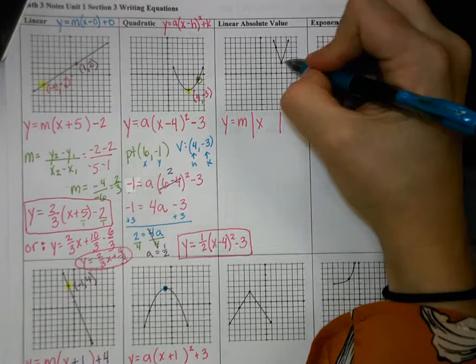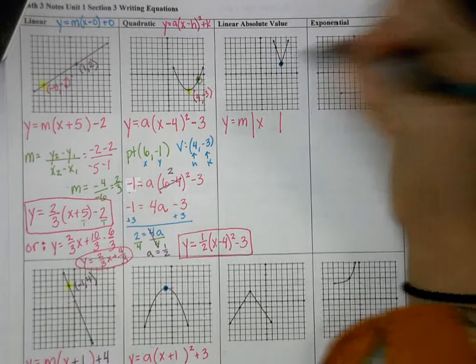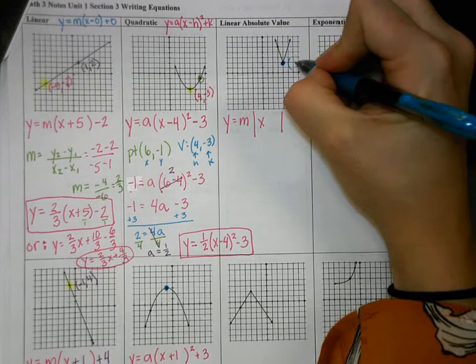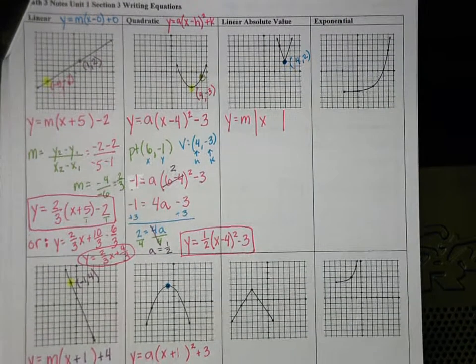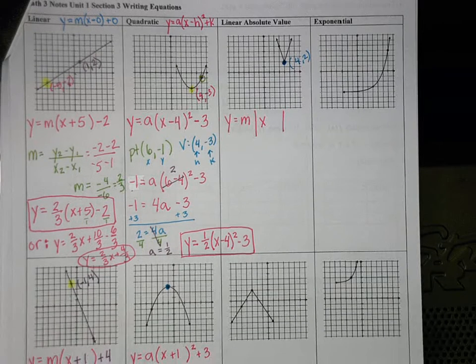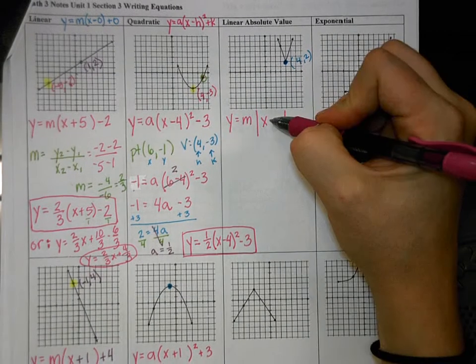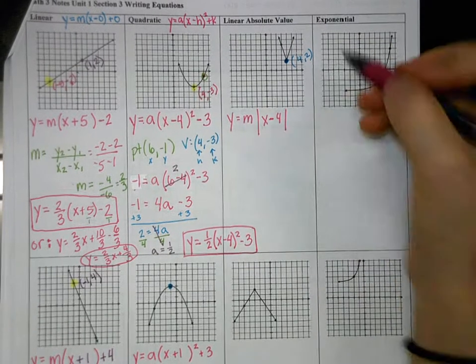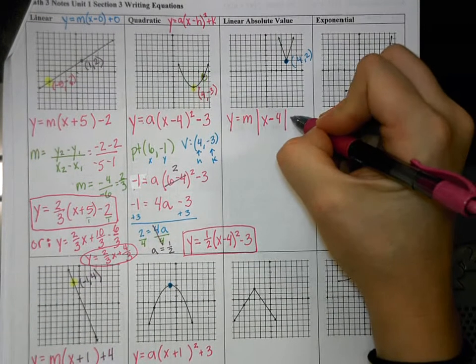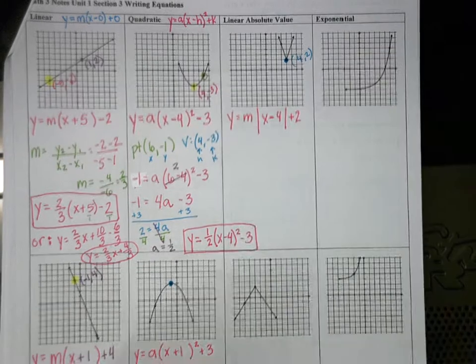What vertex do I have for this problem? 4, 2. So if it's a positive 4 inside my absolute value, I'm going to write minus 4. And a positive y value of 2 means plus 2.